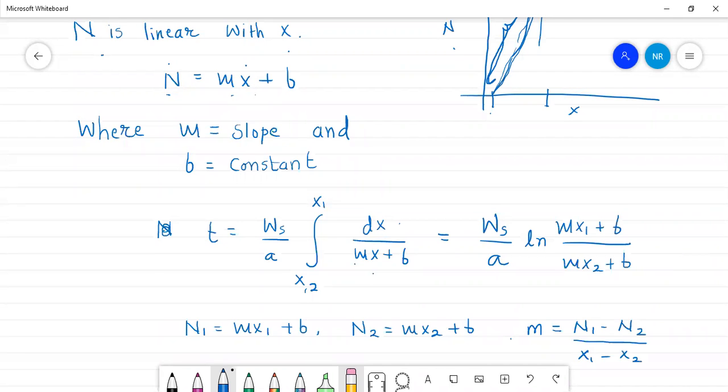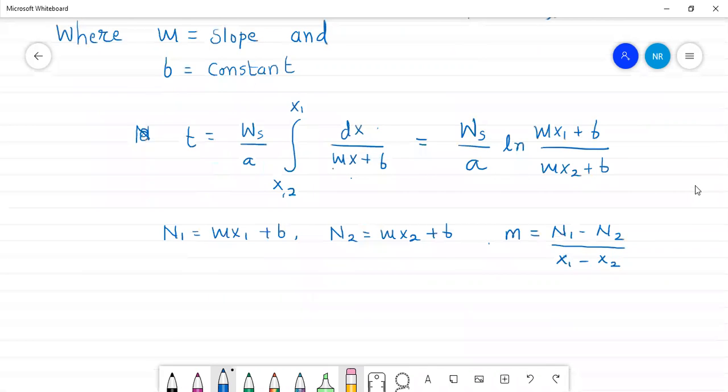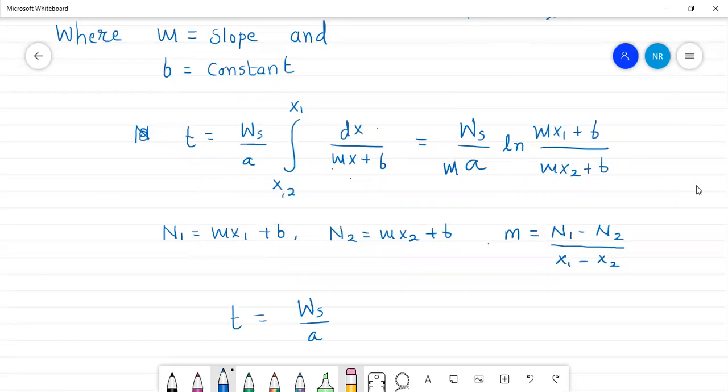So t is equal to Ws divided by mA, it's a mistake from my side, Ws divided by mA ln of (mX1 plus b) divided by (mX2 plus b).